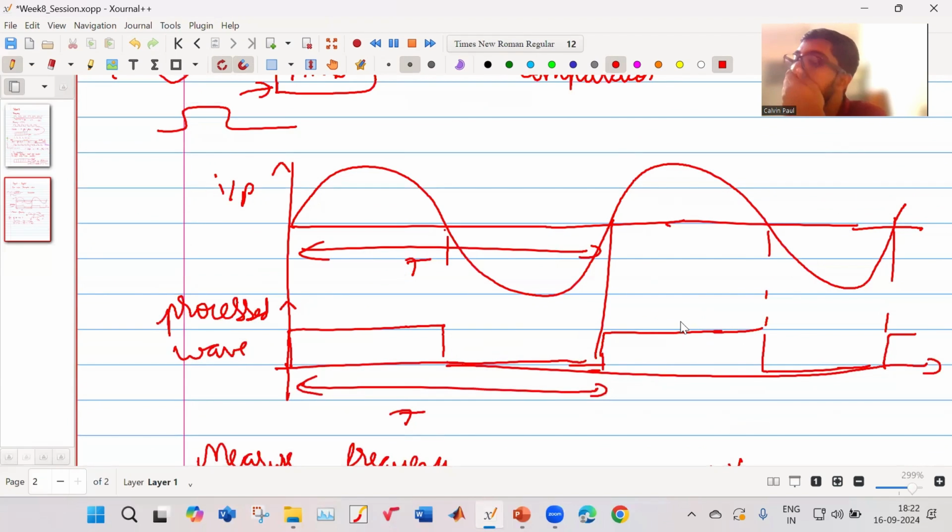And we can be happy. But then why did we go for a Schmitt trigger then? Why did we have to use a Schmitt trigger circuit? Why is a comparator circuit not enough?